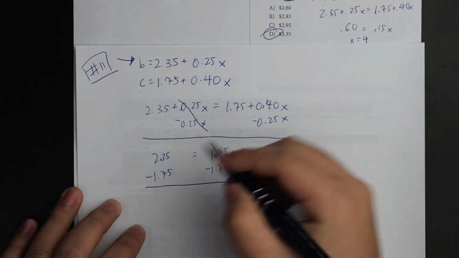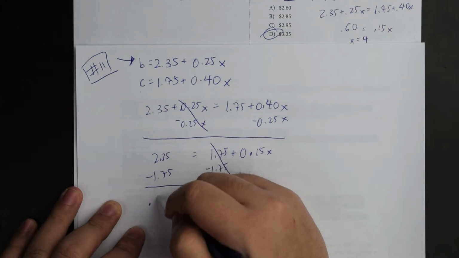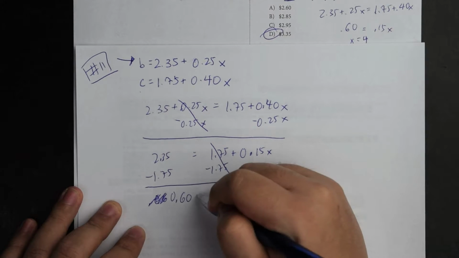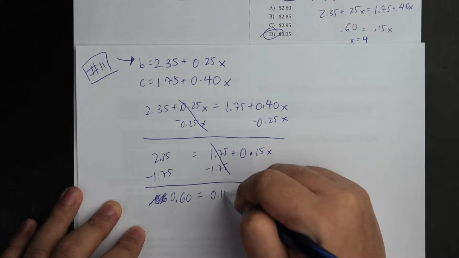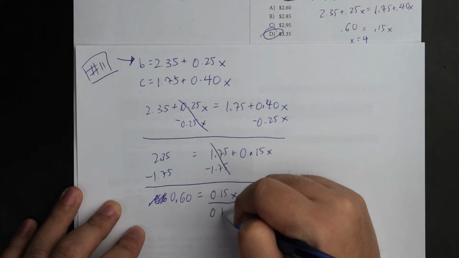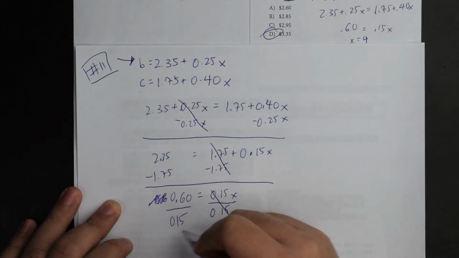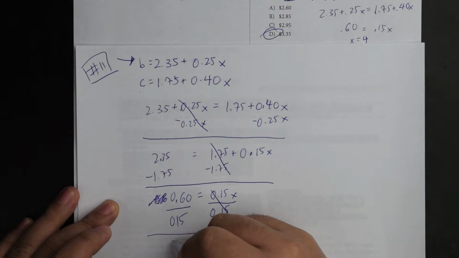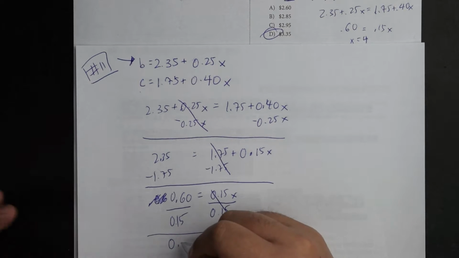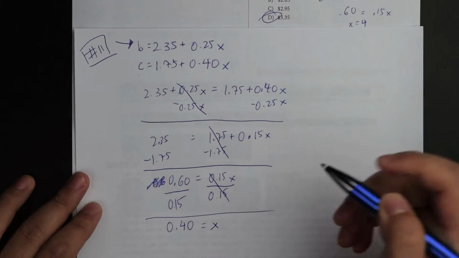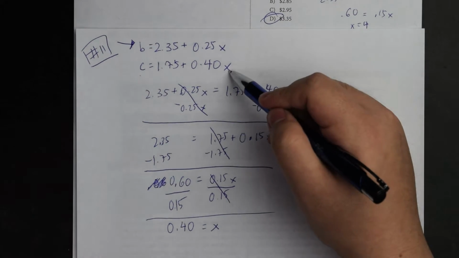These cancel out, and this is going to be 0.60 equals 0.15x. When you divide by 0.15, based on quick mental math, it's about 40 cents, like this: 4, equals x. And that helps me solve for x.